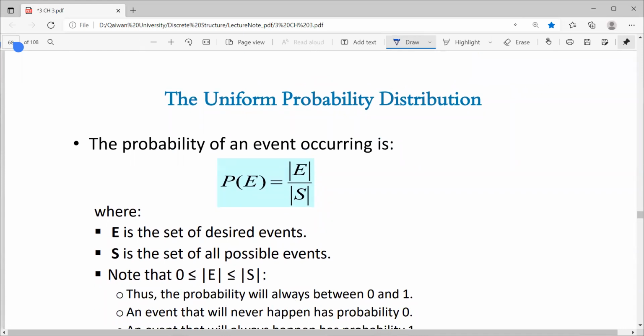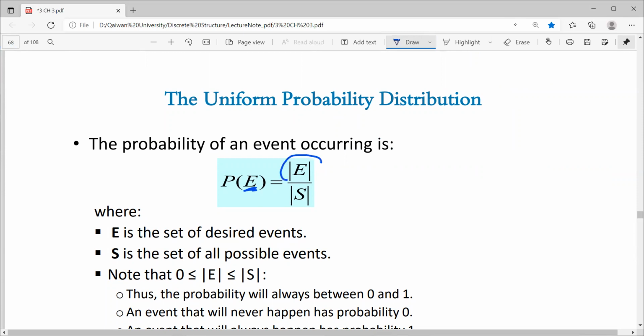Now you have the uniform probability distribution. We say the probability of an event E occurring is the cardinality of E, that means the number of elements in E, divided by the cardinality of the sample space, the cardinality of all possible outcomes.